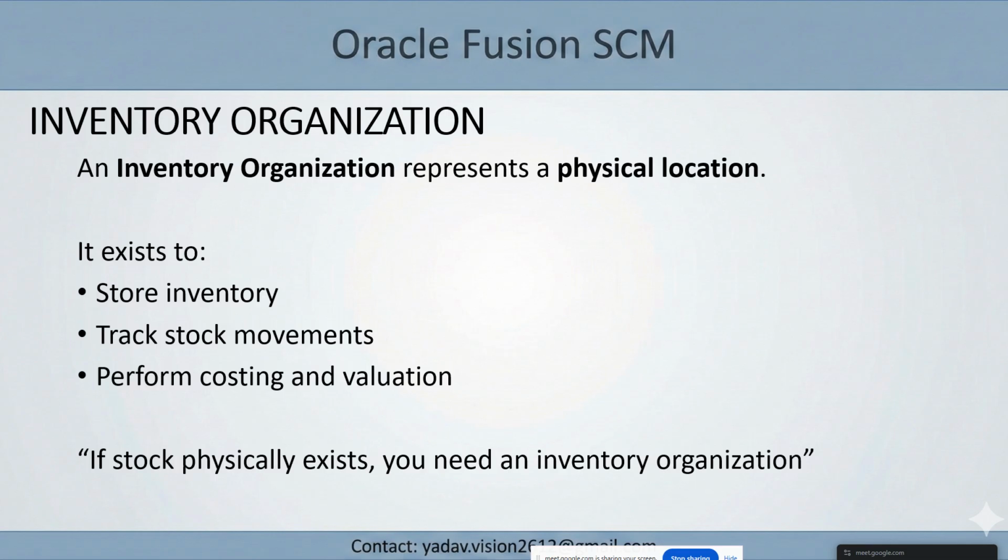So by the end of the month, you are going to see how much stock is out from your inventory and how much stock is received into your inventory. So the costing and valuation you are going to do by the end of the month and end of the year, then you will come to know how much stock you have and how much stock got issued out. That kind of detail you are able to see from the inventory organization level.